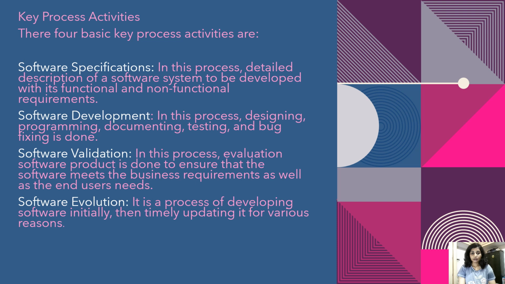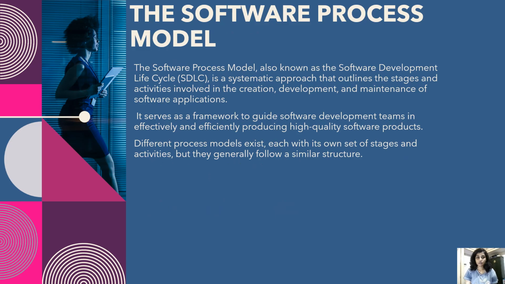Then software development involves designing, programming, documenting, testing, and bug fixing. Software validation. In this process, evaluation of the software product is done to ensure that the software meets the business requirements as well as the end user's needs. Software evolution. It is a process of developing software initially, then timely updating various versions of it due to particular reasons.